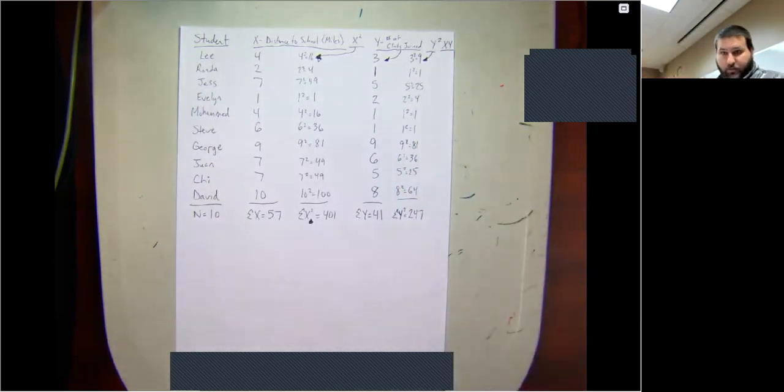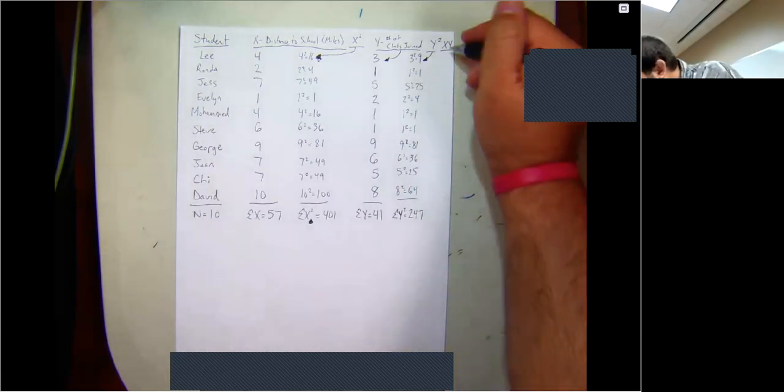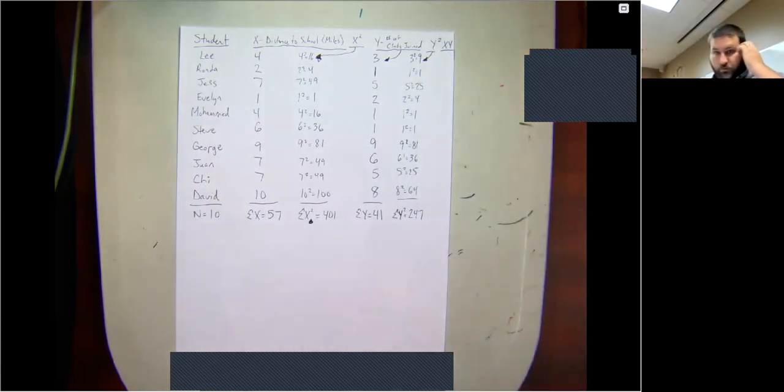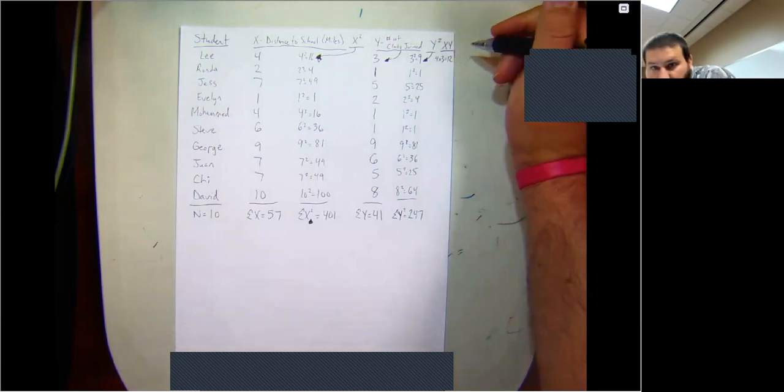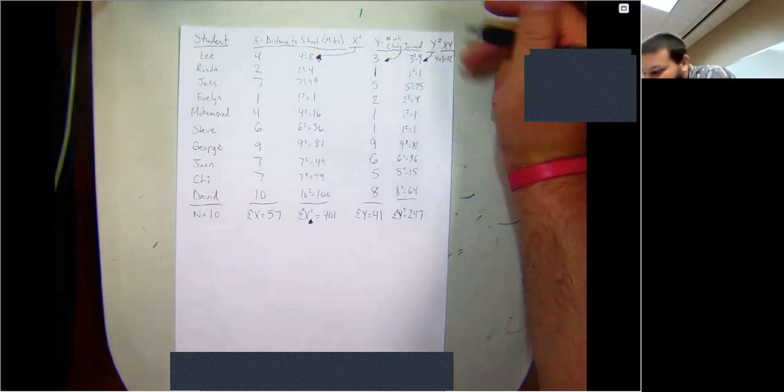And then the sum of X times Y, which I'm going to just put over as much room as we have. X for Lee is 4, and he joined, so 4 miles from school, 3 clubs joined. So X times Y is 4 times 3, which is 12. Rhonda, 2 times 1, or 2. Jess, 7 times 5, 35.